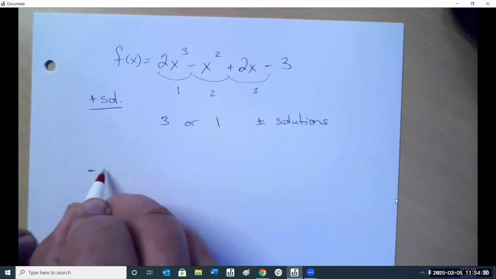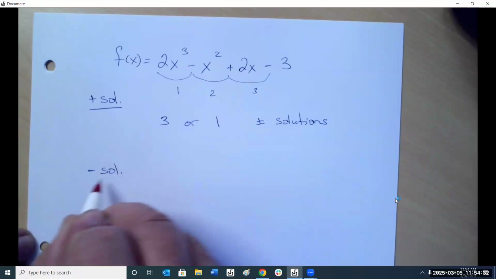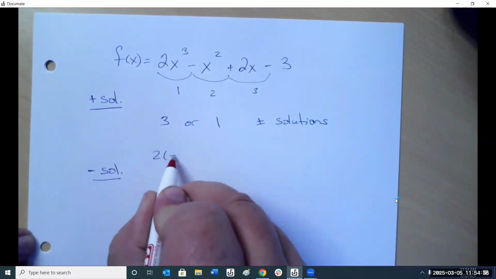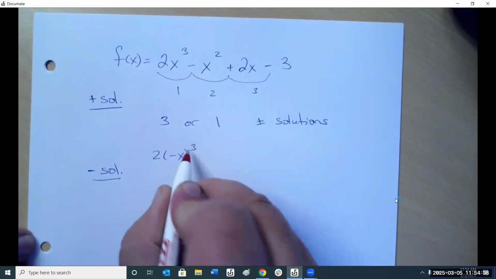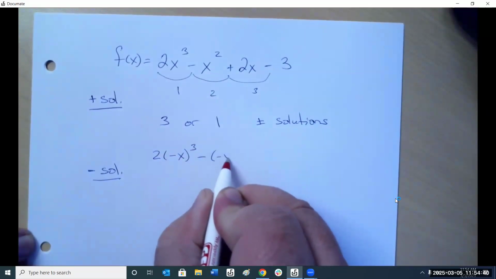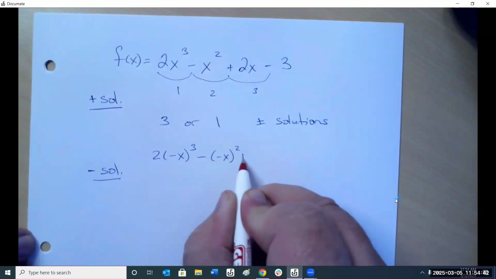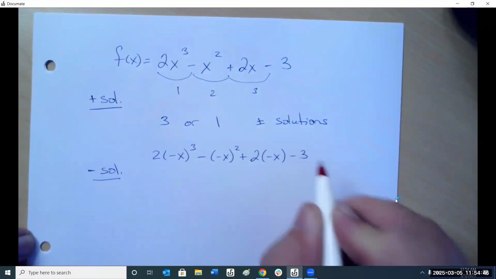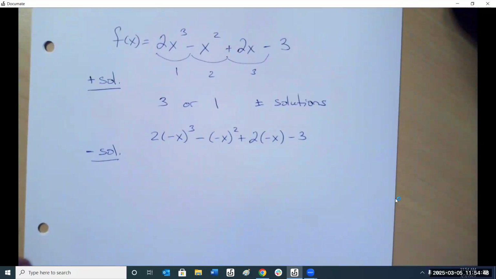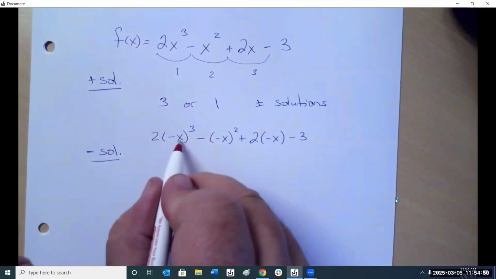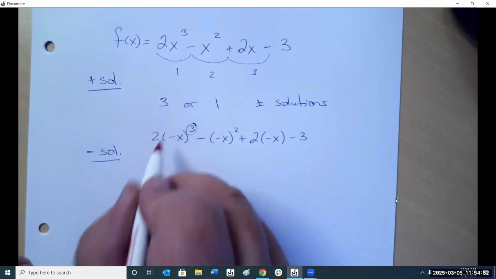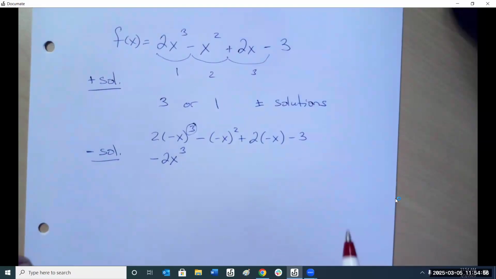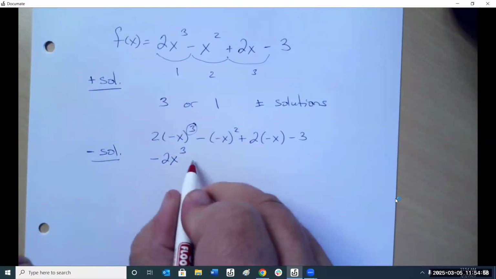How about the number of negative solutions? Before we do that, we have to change all the x's to negative x. Since that's an odd exponent, it's going to change sign. This is even, so the negative cancels.